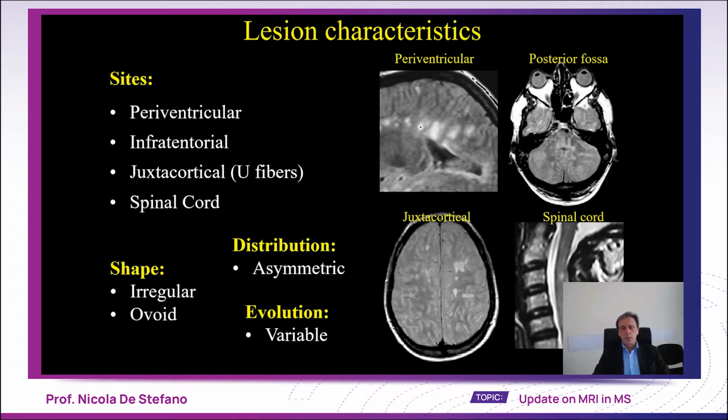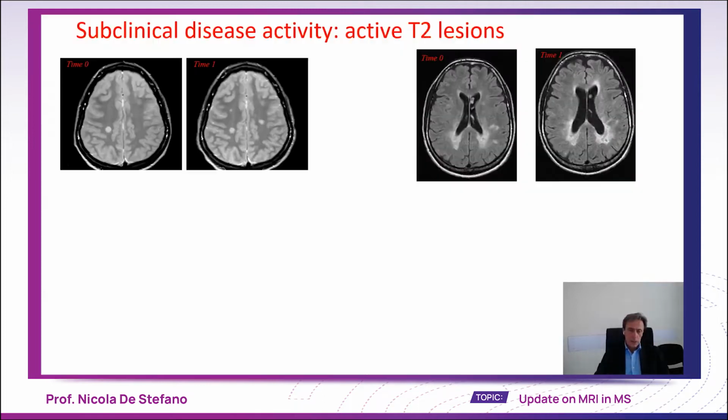You probably know very well the lesion characteristics and sites. Periventricular, infratentorial, juxtacortical, and spinal cord are still very clear and always very important for the diagnosis and for understanding the MRI pattern, including the shape of the lesion, the distribution, which is always asymmetric, and the evolution, which is unfortunately very variable within patients and between patients.